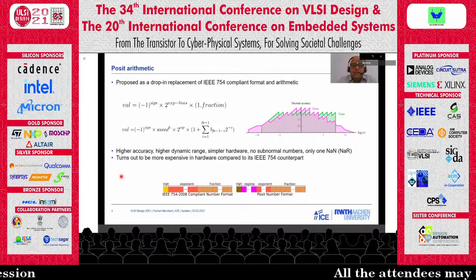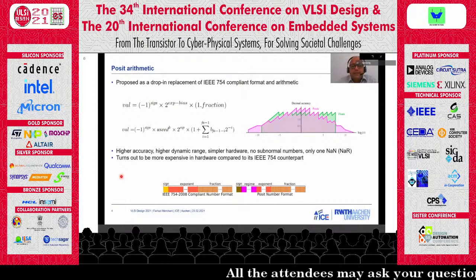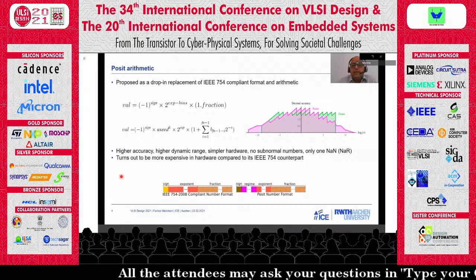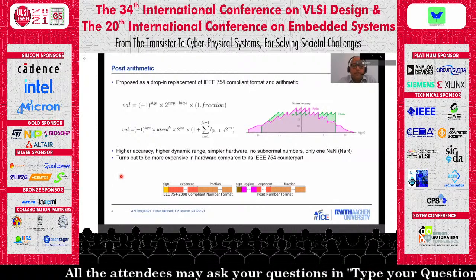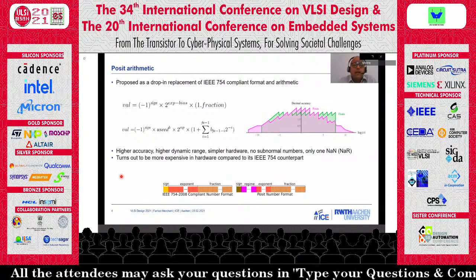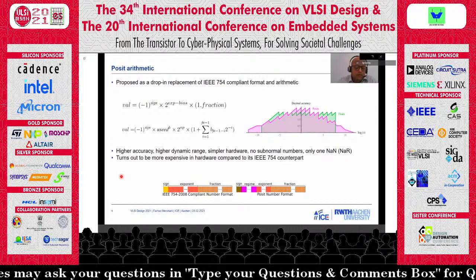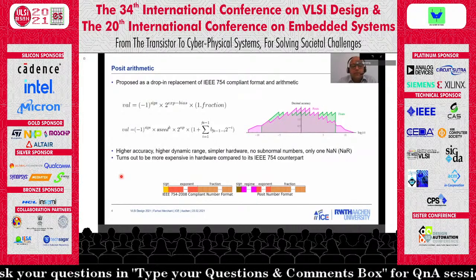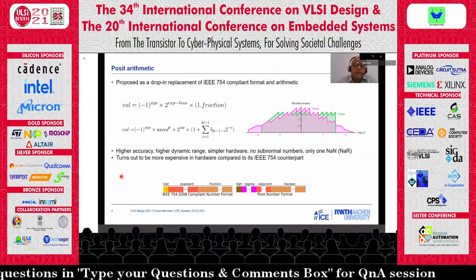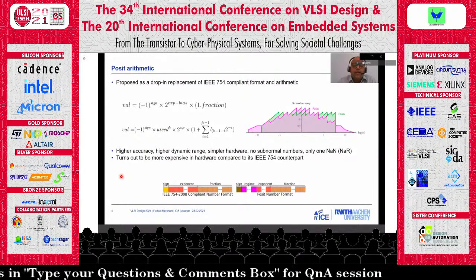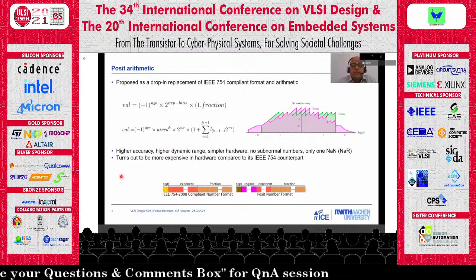In my experience, and also based on some of my previous work, what I have observed is that POSIT usually incurs a bit more hardware than its IEEE 754 compliant counterpart. But one advantage that you have in POSIT is, let's say if you have 32-bit POSIT addition and 32-bit floating point addition, the accuracy of 32-bit POSIT addition is higher.